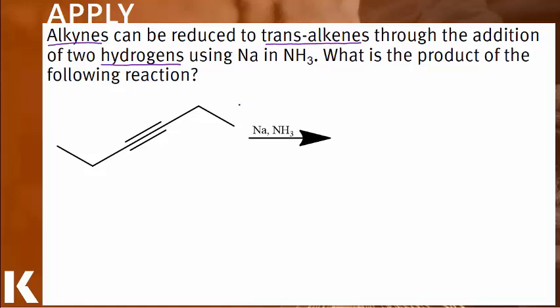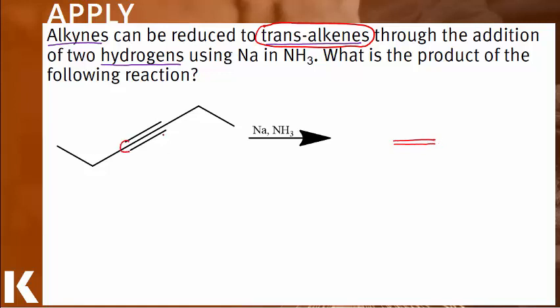Now, to predict the product of this reaction, we actually need to use some information from the question stem. The question stem tells us that we are producing a trans alkene. So remember that trans alkenes have alkyl substituents on opposite sides of the double bond.